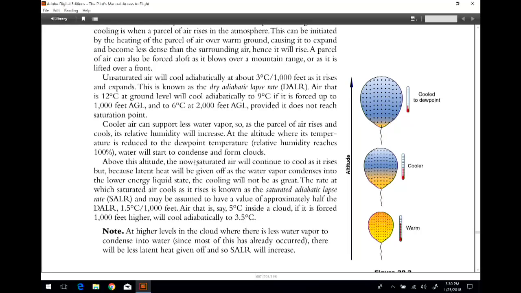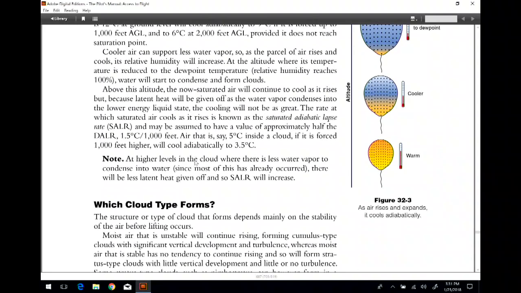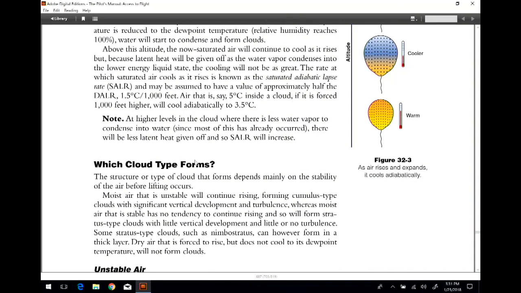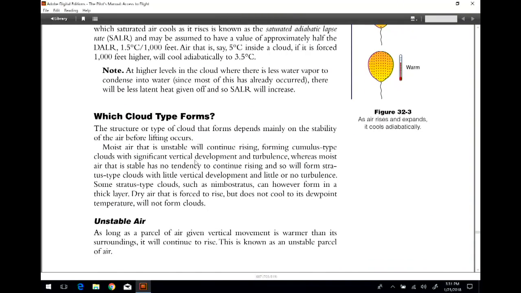Okay? Standard is 2 degrees Celsius per 1,000 feet. So again, remember, dry, DALR, 3 degrees per 1,000 feet. Saturated, 1.5 degrees Celsius per 1,000 feet. Okay, so just keep that in mind.